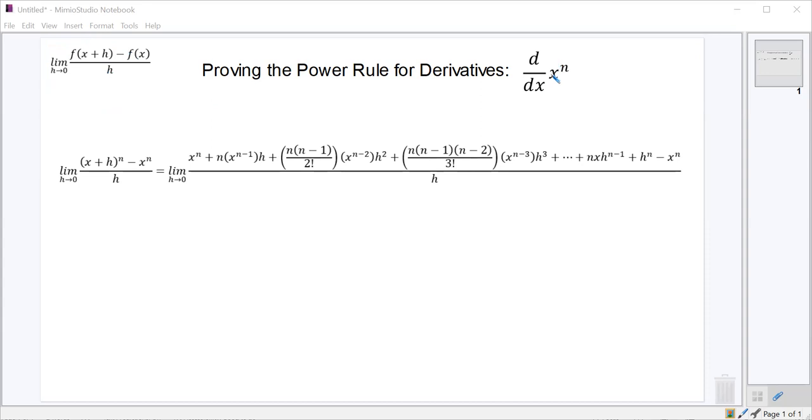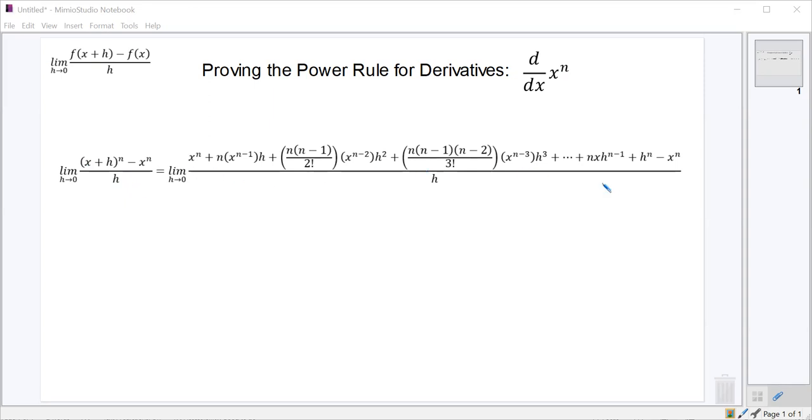So if we take x to the n and put it into this limit, we end up with the limit as h approaches 0 of f of x plus h, which is x plus h to the n, minus f of x just being x to the n, all over h.